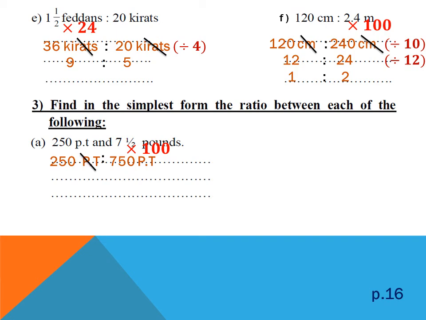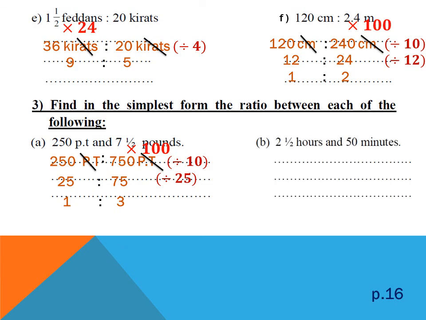Now we have the same unit, start to cancel the unit and simplify the ratio. Divide the two terms by 10, 25 to 75. Here we have 5 and 5 in the unit, we check to divide by 5 or 25 directly. 25 divided by 25 is equal to 1, and 75 divided by 25 is equal to 3. And this is the simplest form.